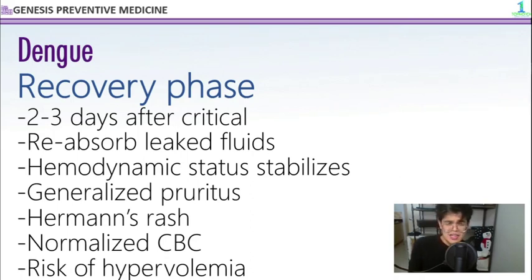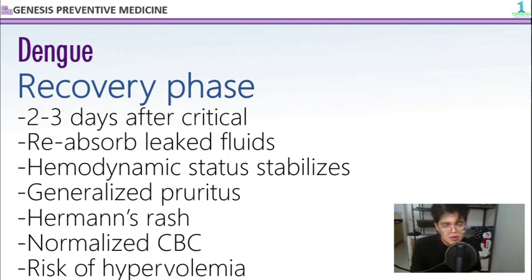And the inherent risk for the recovery phase is the hypervolemia of the patient because of rapid reabsorption. Hypervolemia, in this case, is made riskier for patients who are admitted because the tendency usually is those patients will also have IV fluids given to them. So fluid therapy.